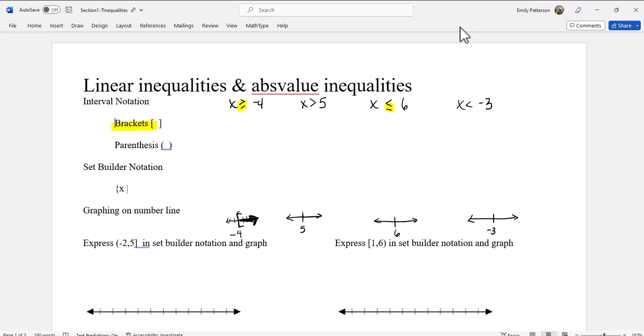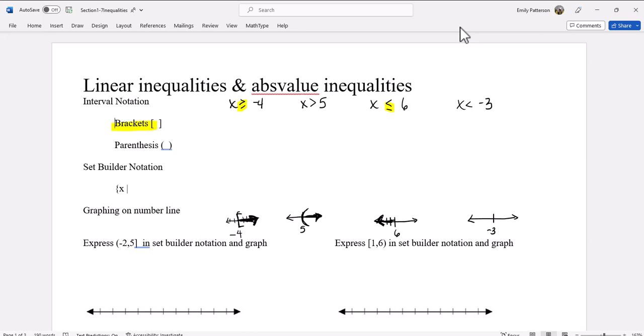In the same way, I know that x is going to be greater than 5, which means I'm going to have everything greater than 5, again on my little mini number line. But a soft bracket, or parentheses, means everything up to 5, but not including 5. And in the same way, we're going to do less than or equal to. Less than means less than 6, so I'm going to go to the left on my number line, 5, 4, and so on and so forth.